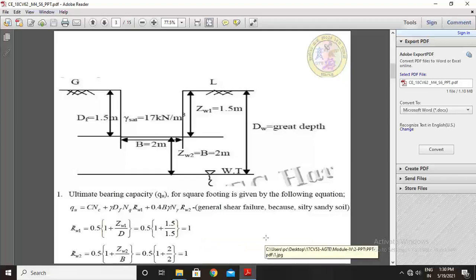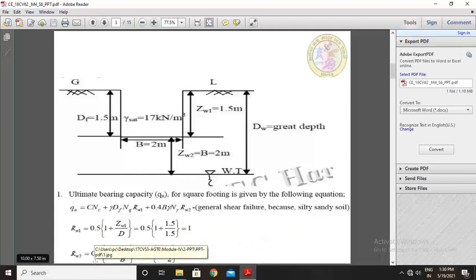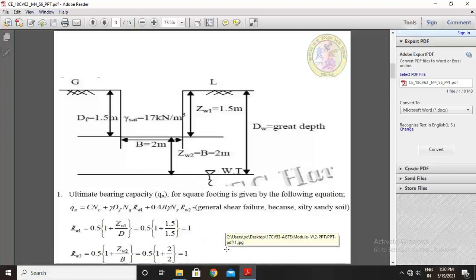Similarly, you calculate RW2, which is given by 0.5 times 1 plus ZW2 by B. Now substitute the value in this equation. Here ZW2 is 2, B is 2 meter. So answer is 1. So water reduction factor is calculated by using these two equations.